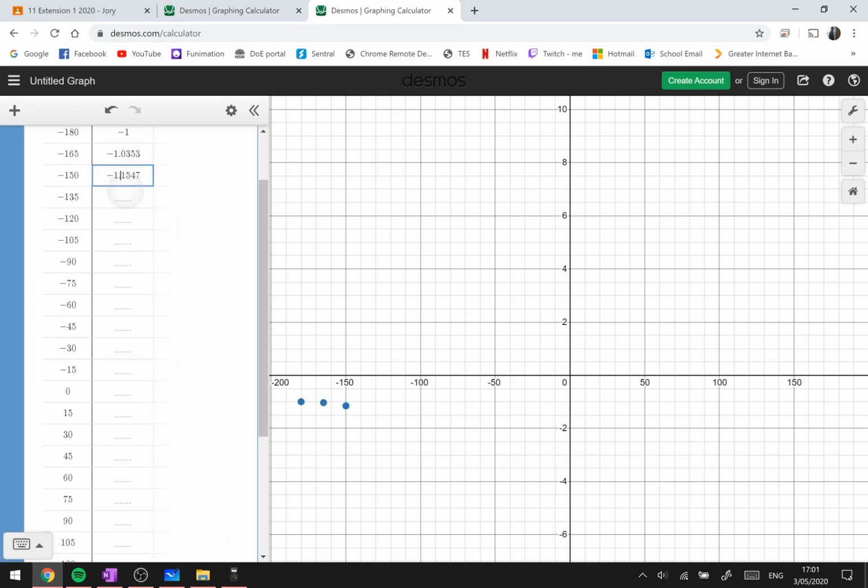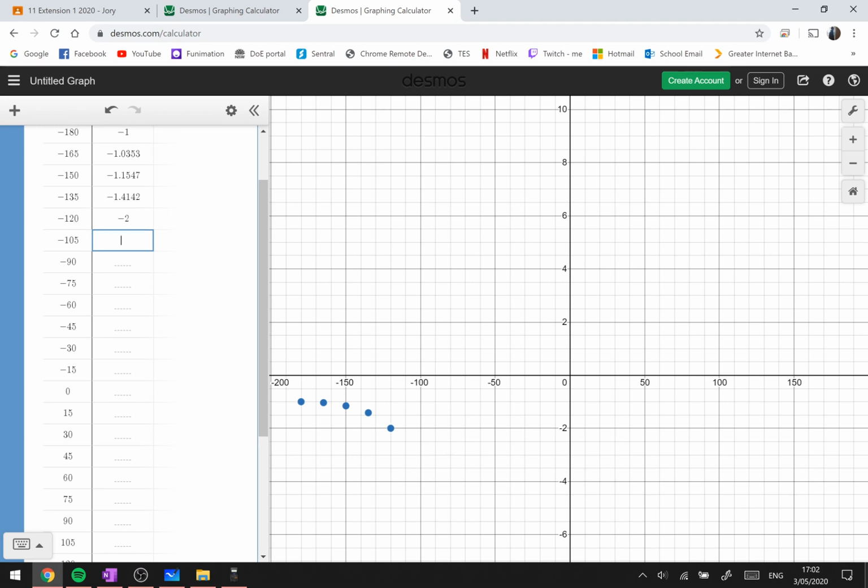Let's continue going. So our next one is 135. Okay, so that one is minus 1.4142. Okay, this one is going to be 120, so, oh, I keep getting syntax error, which is annoying, so 120 is equal to negative 2.